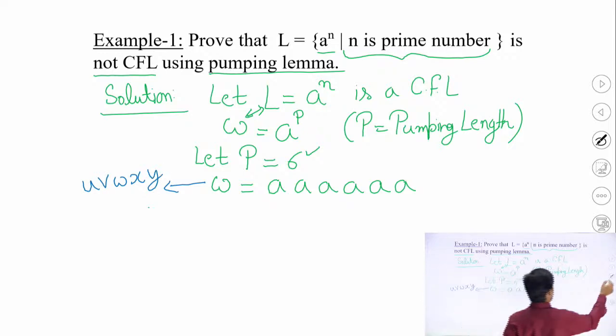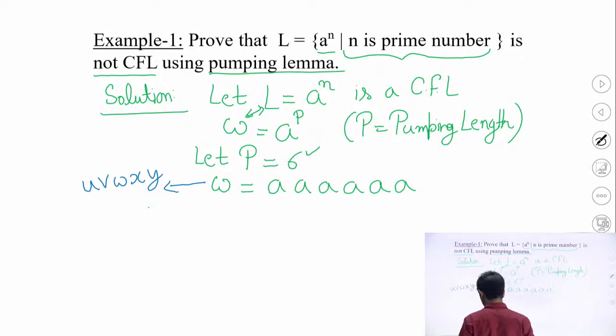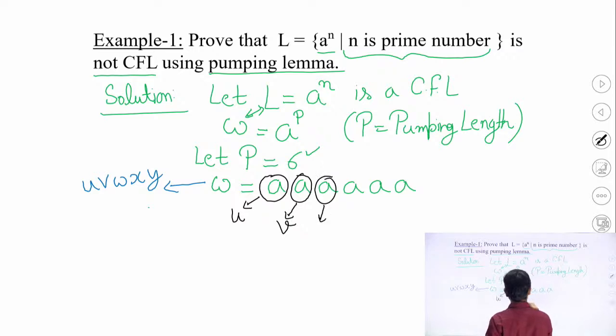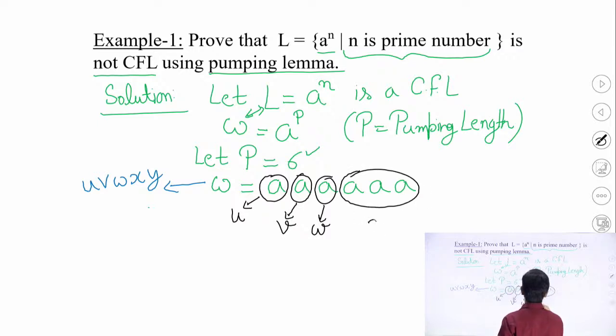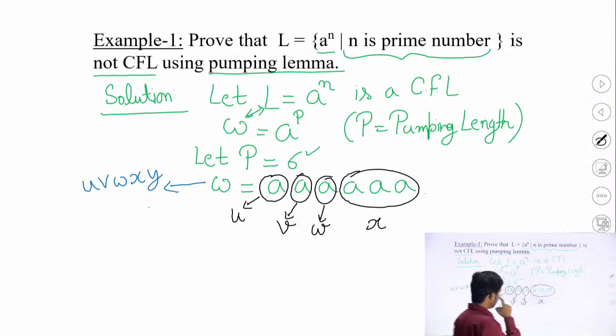Suppose this part is u, this part is v, this part is w, and this part is x, and the remaining part is y.